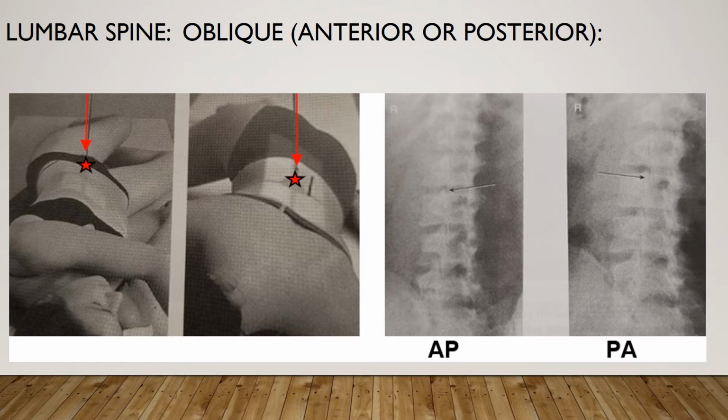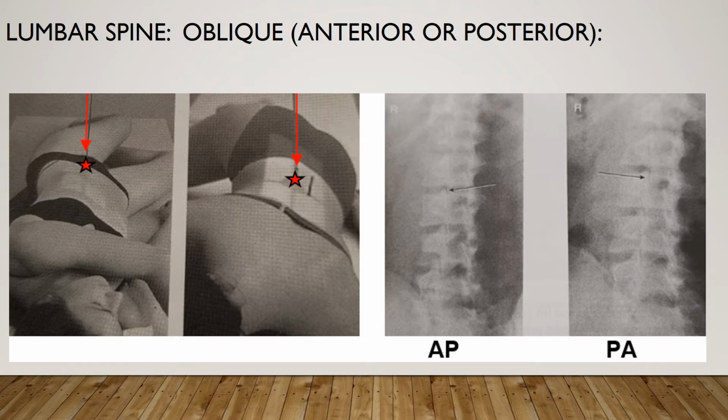Image evaluation, your LPO and your RPO, you're going to have L1 through L4 on the downside, zygapophyseal joints. Scotty dog elements are visible. In the LAO or RAO, you're going to have L1 to L4 upside, zygapophyseal joints.